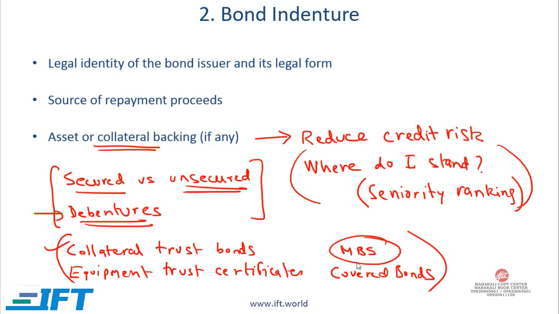Mortgage-backed securities are backed by a pool of mortgages, and these mortgages are cash flow generating mortgages. So they actually need to be studied in a lot of detail, and this is material that we will see in detail later.